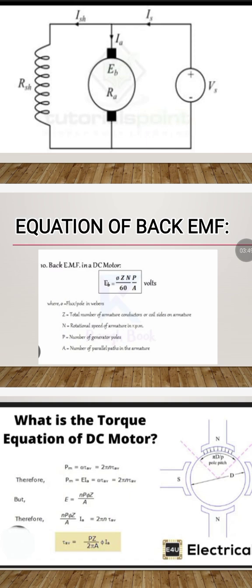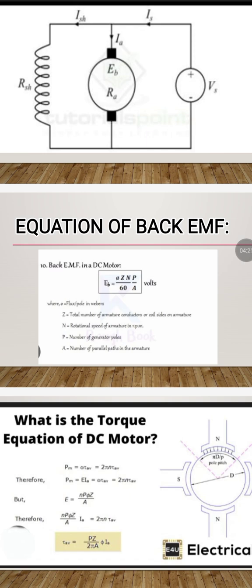Torque is a measure of how much a force acting on an object causes that object to rotate, sometimes referred to as moment of force. Also, torque is the force that causes an object to rotate around a fixed point or axis. In general, it is denoted by T equals F into R. Unit is Newton meter, where F is the force and R is the distance from the axis of rotation.